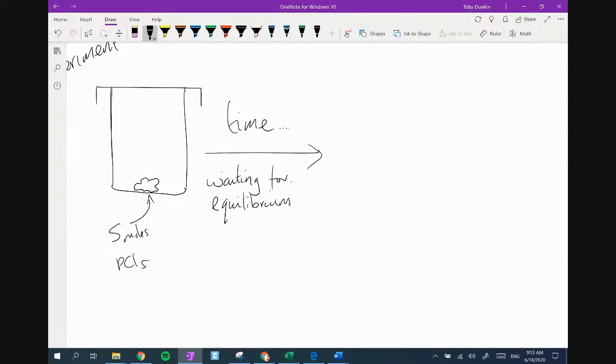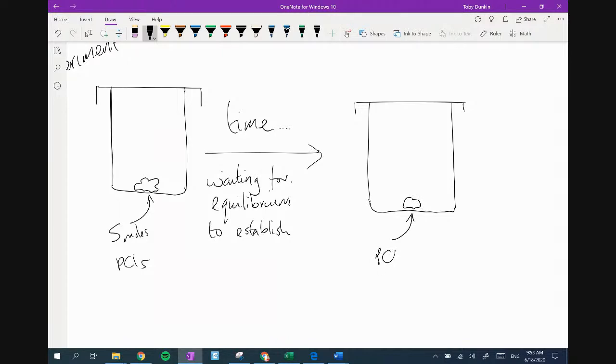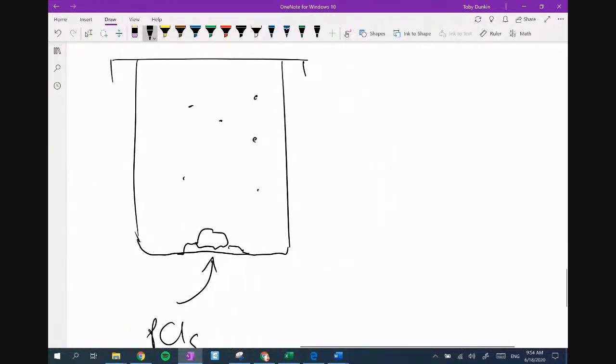Then at a given amount of time, what's going to have happened is we've got less PCl5. We've got PCl5 still there, but we've now got gaseous and a little bit of liquid. This is where I zoom in to make this a bit clearer.